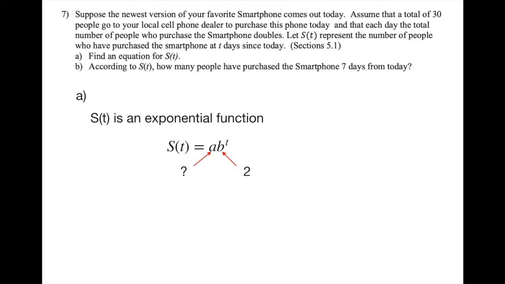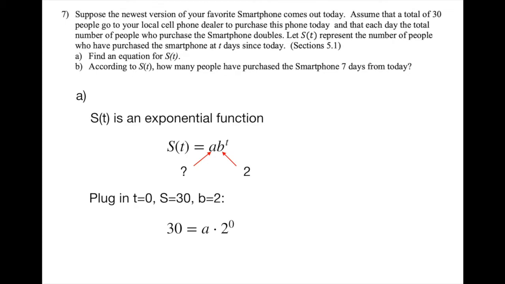So now we don't know what a is. But we do know some data point, because today we have 30 people. Or say the 0 days since today. So t is 0. S equal to 30. B equal to 2. We can plug in that. So 30 equals a times b to the power of 0.